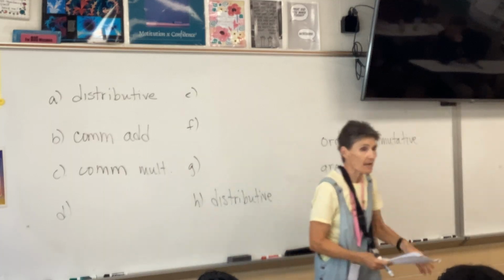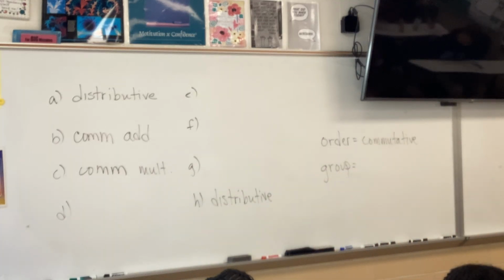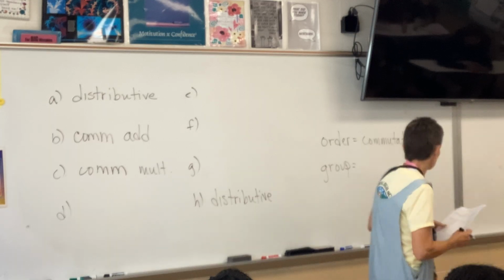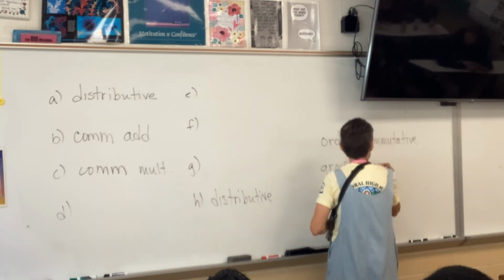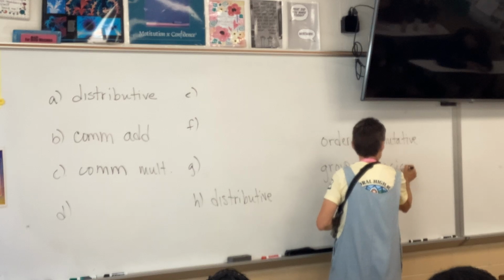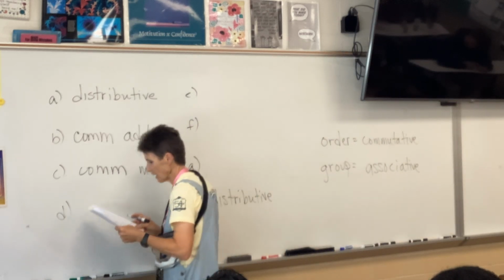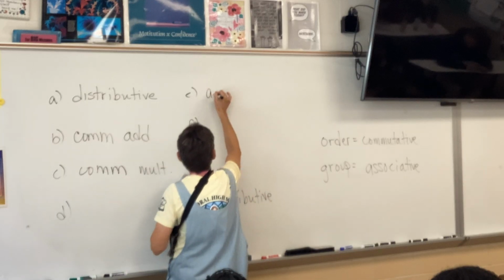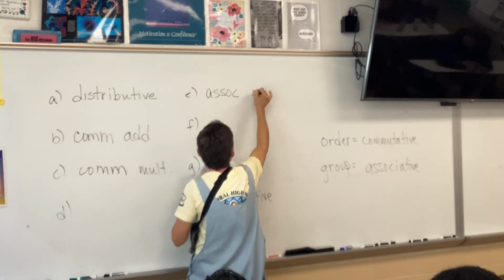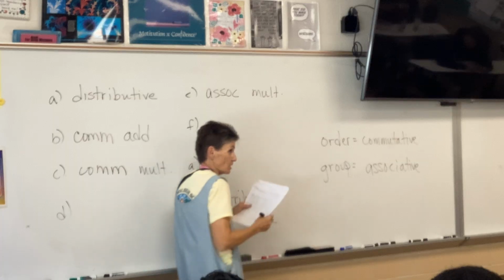When your parents say, I don't want you associating with him, what do they mean? They don't want you being part of that group, right? Grouping is associating. It's how you associate things. So grouping is the associative property. E is the associative property of multiplication.